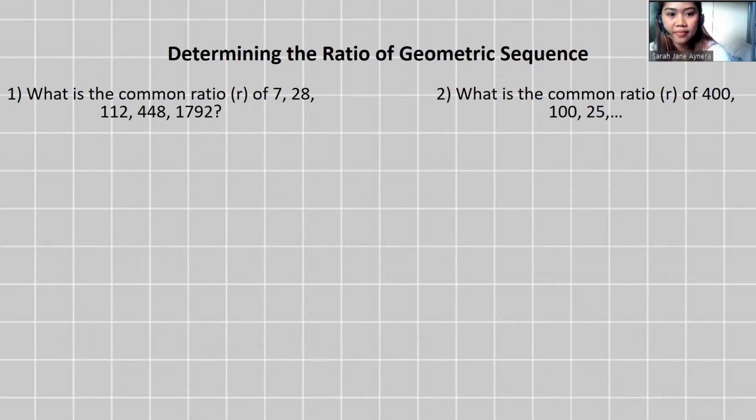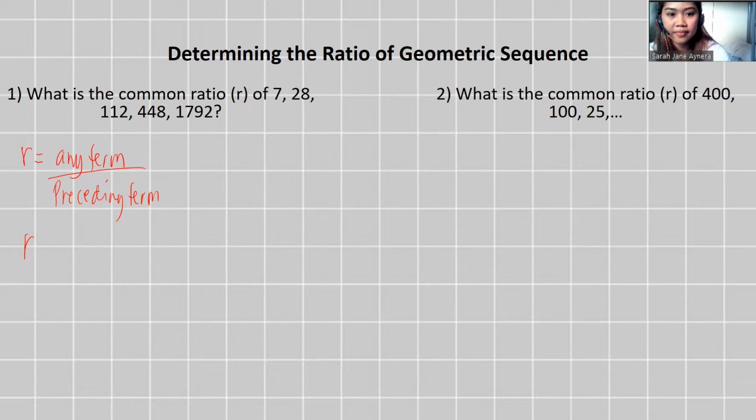Now, how to determine the ratio of a geometric sequence? To find the common ratio, we simply divide any term of a geometric sequence by its preceding term. So for example, what is the common ratio of 7, 28, 112, 448, and 1792?